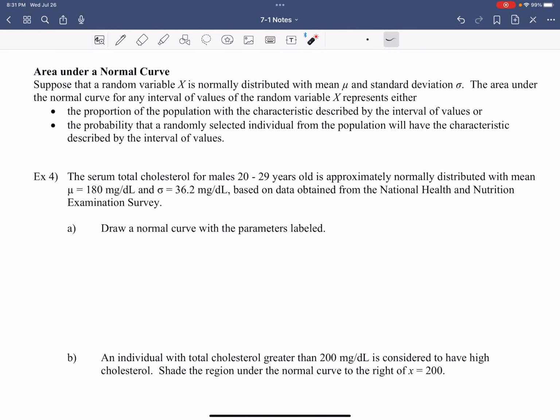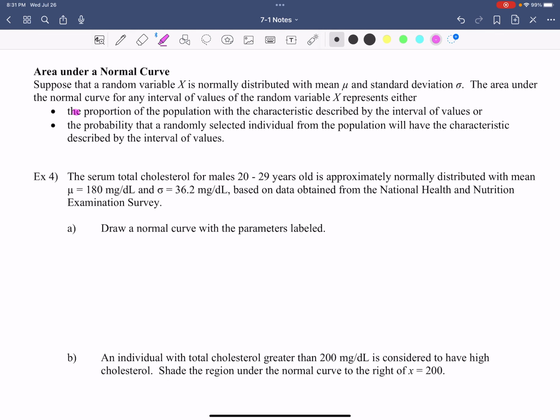So the area under a normal curve: we're going to suppose the random variable x is normally distributed with a mean and standard deviation. The area under the curve for any interval represents the proportion of the population with the characteristic described, the probability that a randomly selected individual from the population has the characteristic described. So here's what we're learning.